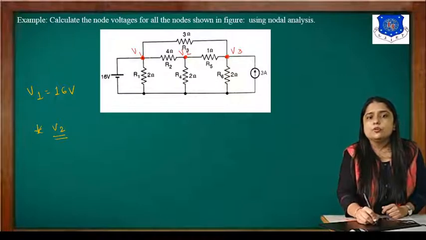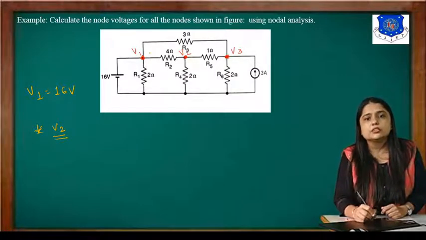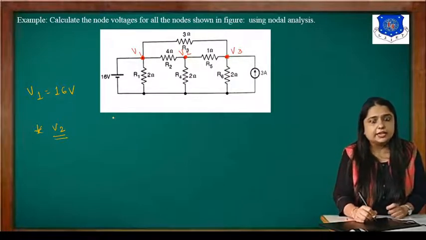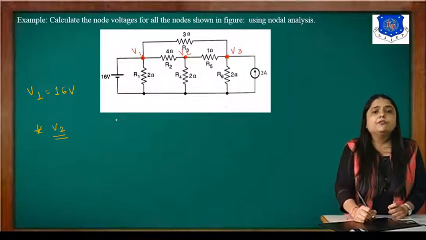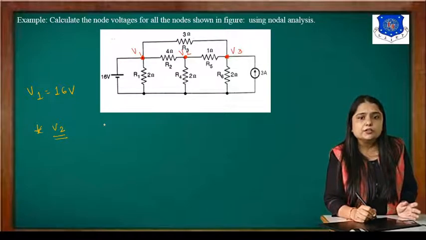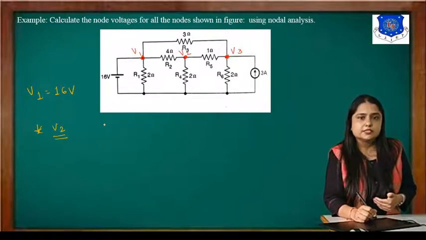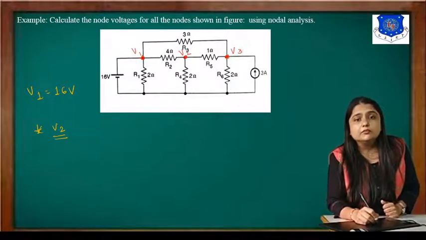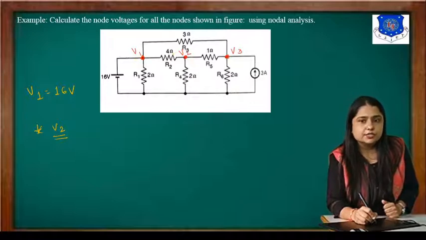Now this is the 4 ohm resistor. Consider that current as an incoming current. The current is the potential difference divided by resistance. Here the resistance is 4 ohm. On one side V1 is connected, on the other side V2 is connected.